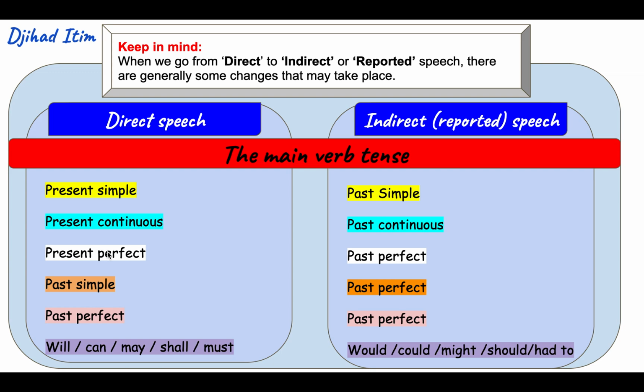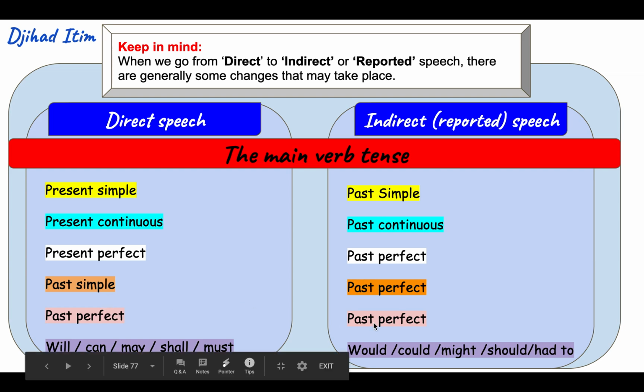Past perfect: the past perfect rule is had plus past participle, like what we said before. For instance, she had finished the test. Past simple, past perfect.